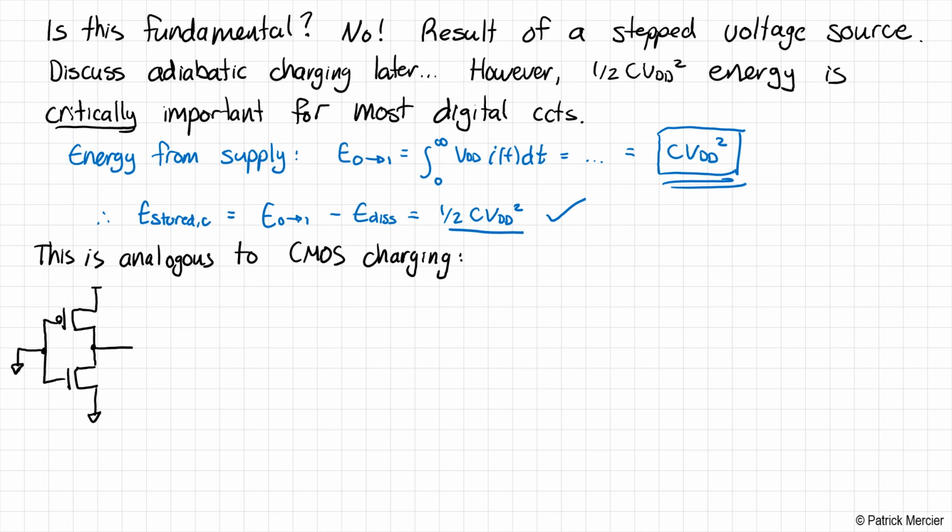We have some sort of capacitor on the output here. This is capacitor C. And we just disconnected this NMOS transistor, and therefore the PMOS transistor is now charging the capacitor with a current I of t. This is directly analogous to what we were looking at earlier. Okay, so that's the analogous situation for CMOS charging. And actually, I'm just going to move this charging text down here. So what about for discharging?